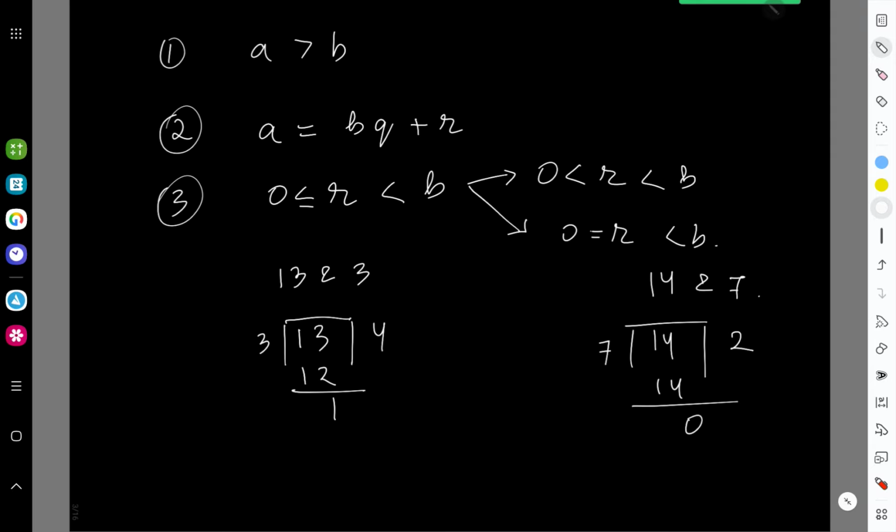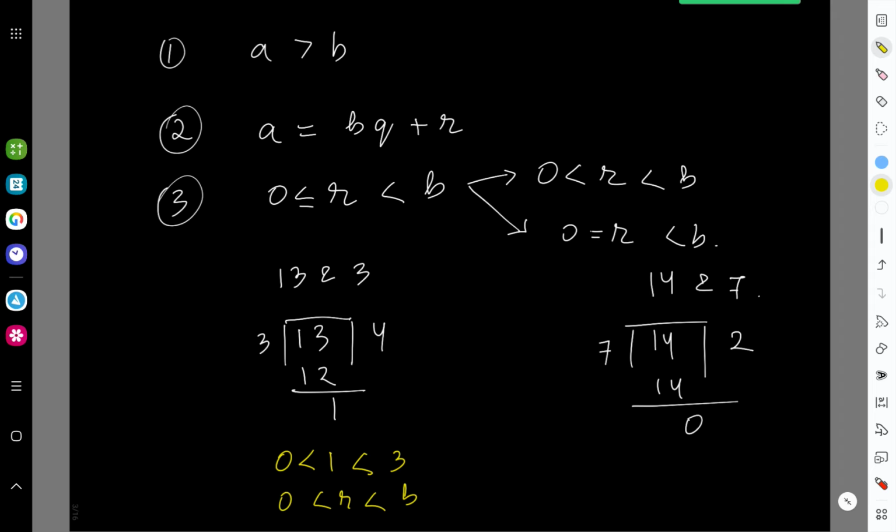Now let's see if this division process satisfies the condition above. Our remainder is 1. This is greater than 0, and this is less than 3. That is, if I express in general form, this satisfies the first condition.